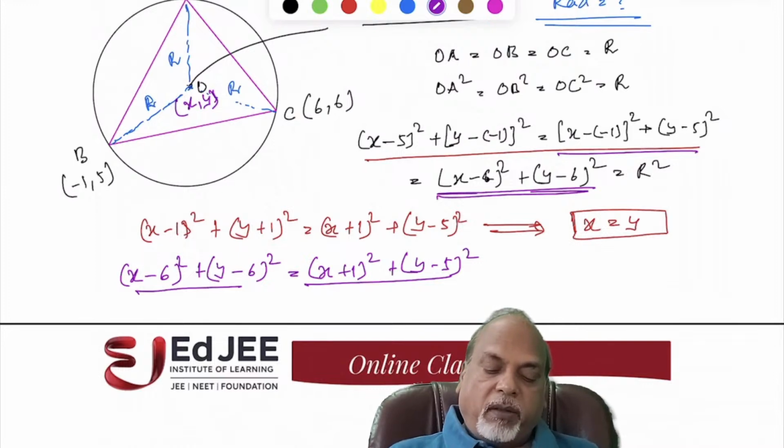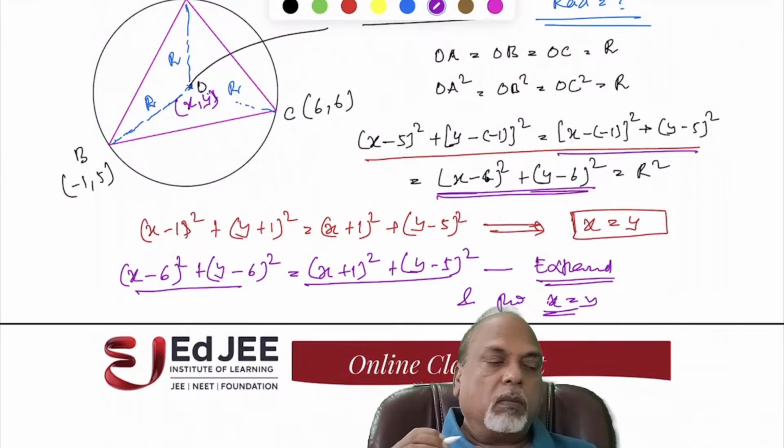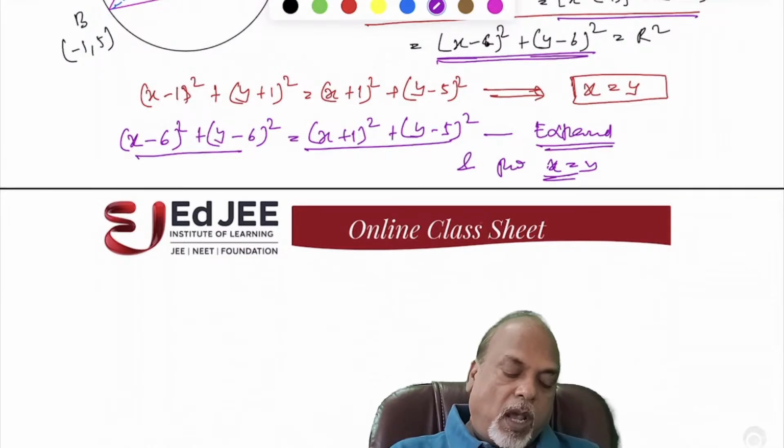Now expand this and put x is equal to y. Then you will get x is equal to 23 upon 8.